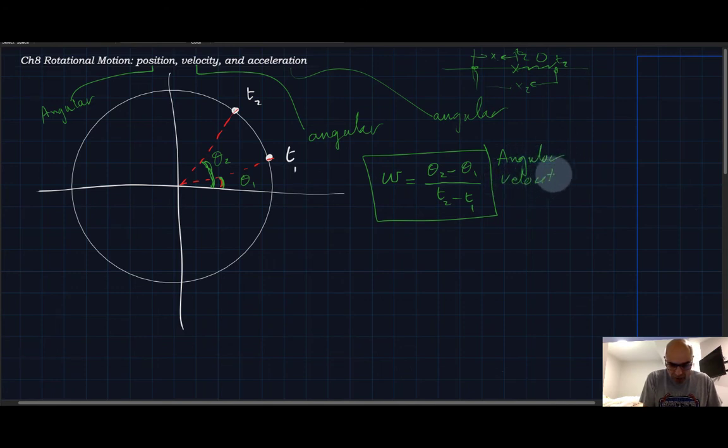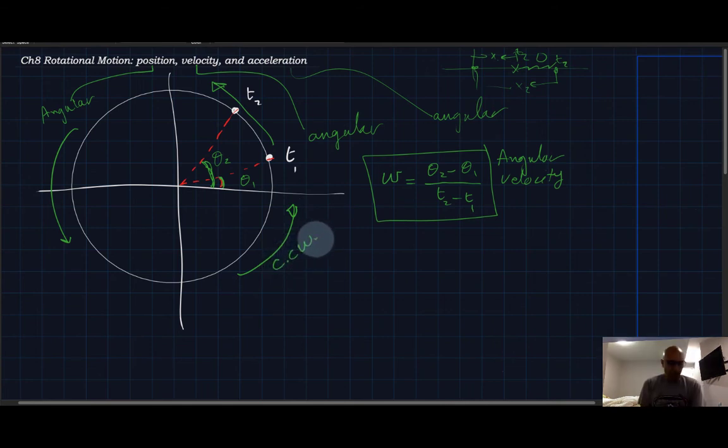Okay, notice that theta 2 is bigger than theta 1 and the object is going this way, right? So this motion like that is known as counterclockwise. The object is going counterclockwise and theta 2 is bigger than theta 1. Of course, time number 2 is always bigger than time number 1.